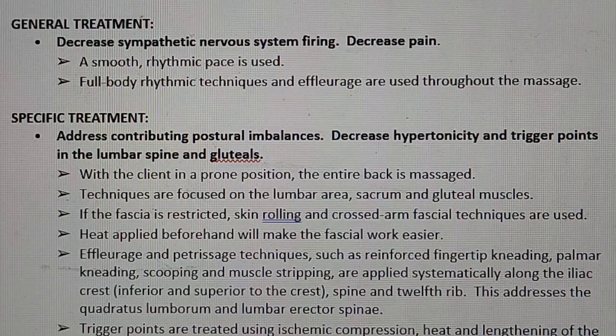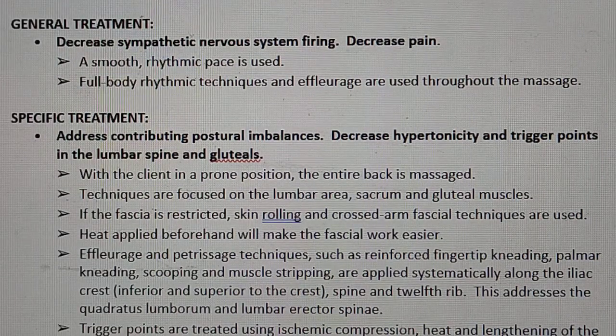So for specific treatments, you are to address contributing postural imbalances. Okay, so you have to advise the client or look for postural imbalances. Decrease hypertonicity, so decrease tightness of the muscles in the area, and trigger points in the lumbar spine and gluteal. So you're gonna massage the lower back, the lumbar region, to loosen up tight muscles and reduce trigger points.